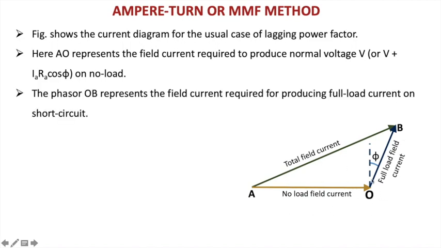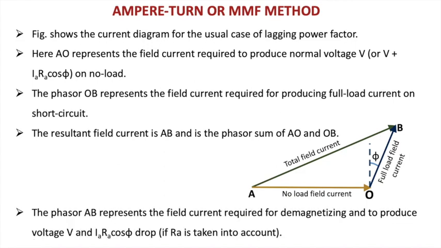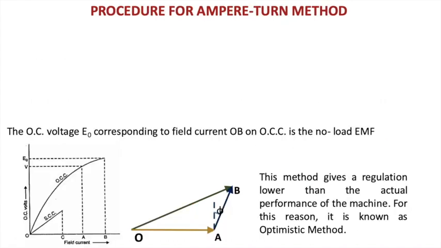Then OB represents the full load current under short circuit condition, and the resultant field current will be AB, that is the total field current required for balancing the armature reaction. So the phasor AB represents the field current required for demagnetizing and to produce the voltage drop, either V plus IA RA cos phi, or only V if you are neglecting the armature resistance.